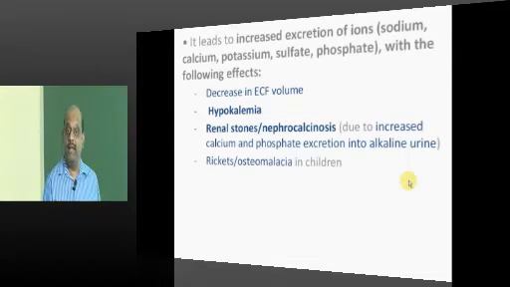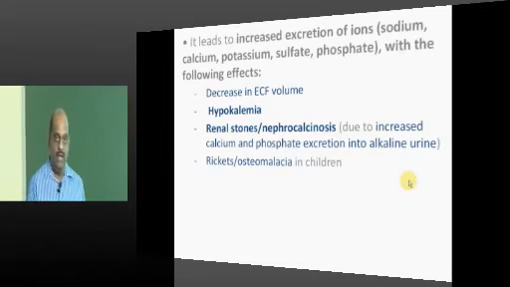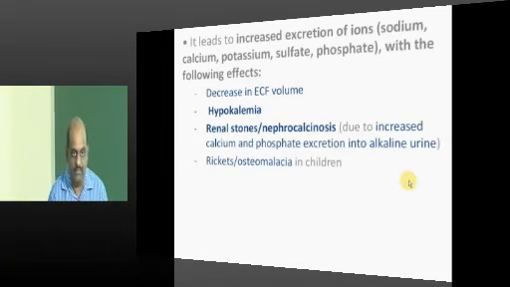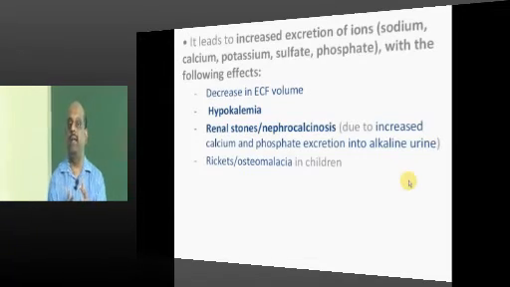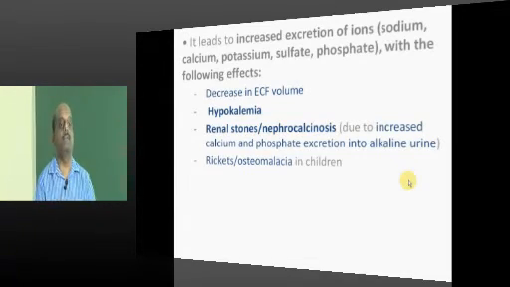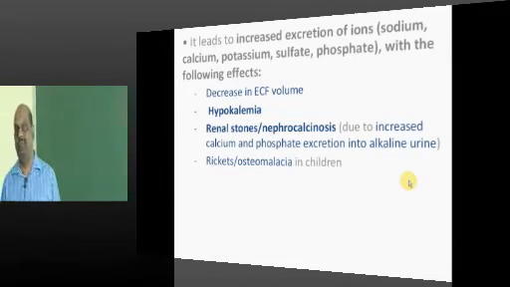And where do you find alkaline urine in the distal tubule? Generally, alkaline urine is not the nature. The pH of the tubular fluid in the distal convoluted tubule and collecting duct is never alkaline because of the H plus secretion. But if it is alkaline, it is a wonderful atmosphere and the right environment for stone formation. Hence stone formation is very common in them.